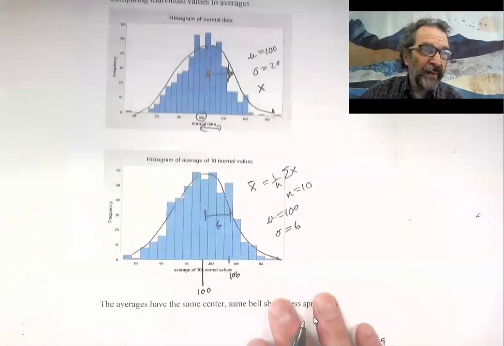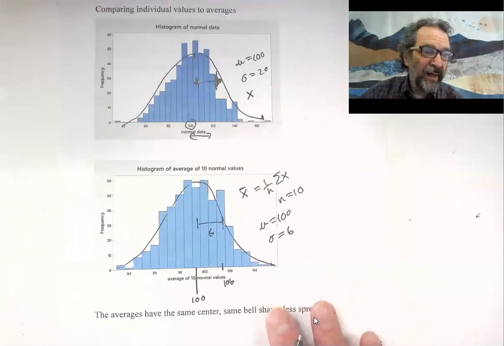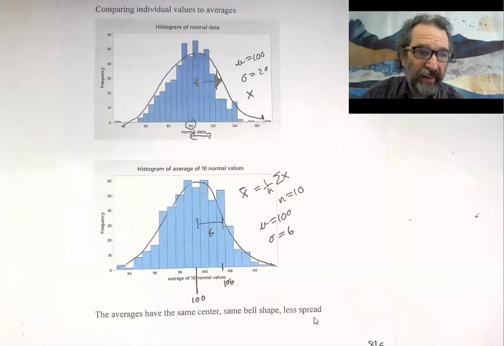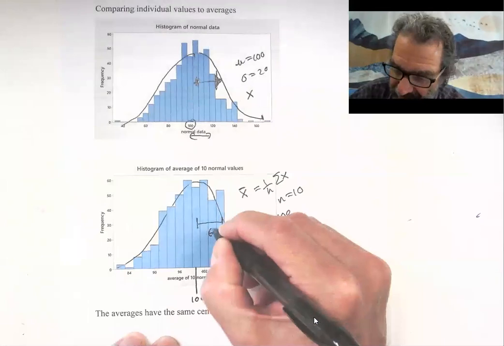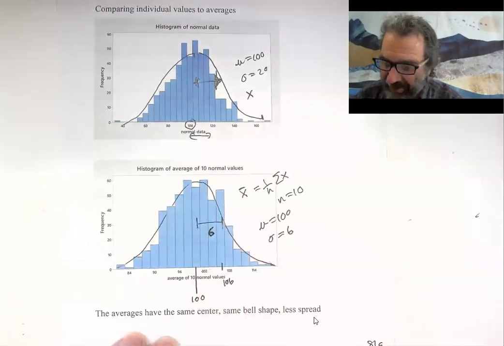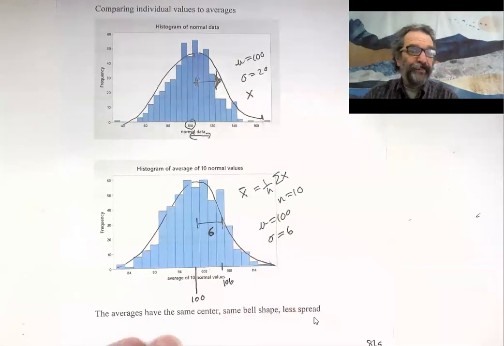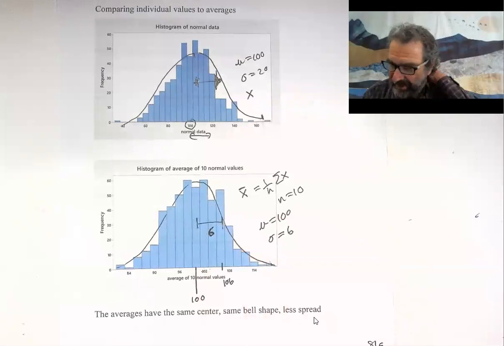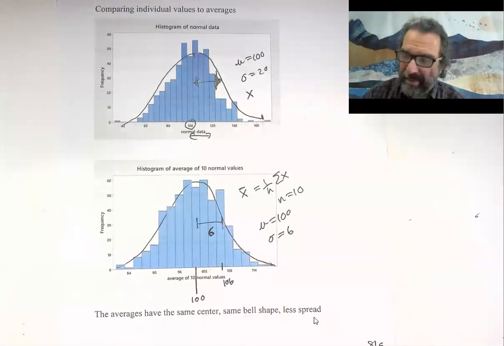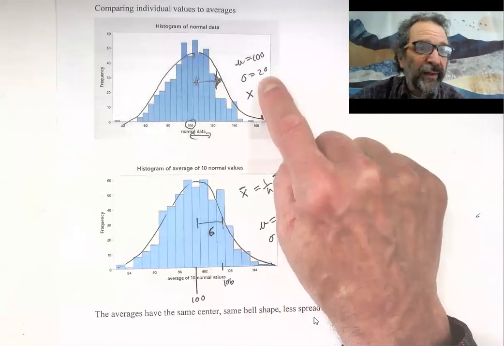So what it says there is that averages tend to have the same center, the same bell shape, but they're less spread out. And it's kind of unfortunate, this is a 6, even though it looks like sigma, and sigma equals 6. So it used to be 20 when it sampled individual values, but averaging 10 values reduced the standard deviation to 6. It's not tiny. You didn't divide it by 10 to make it 2.